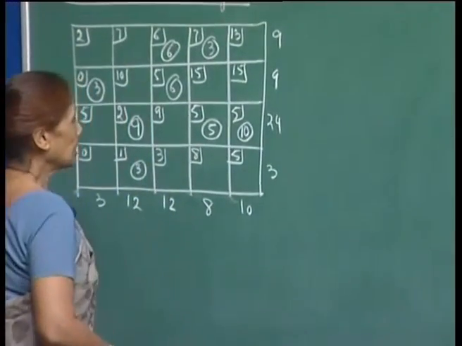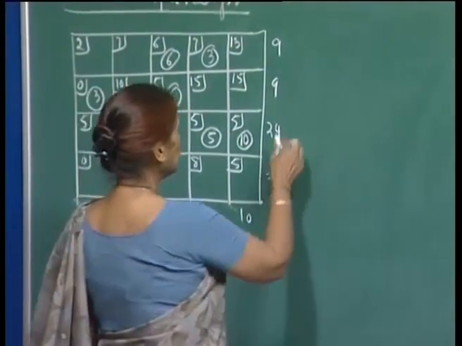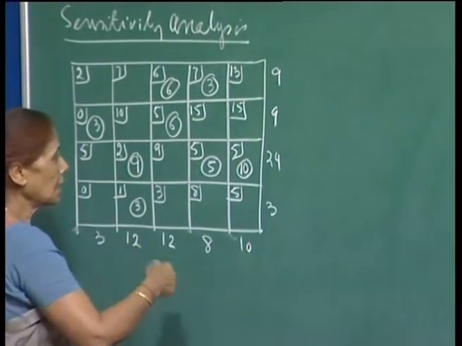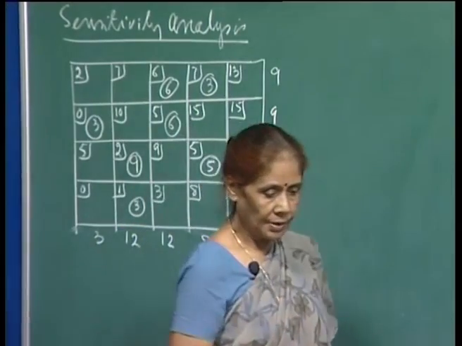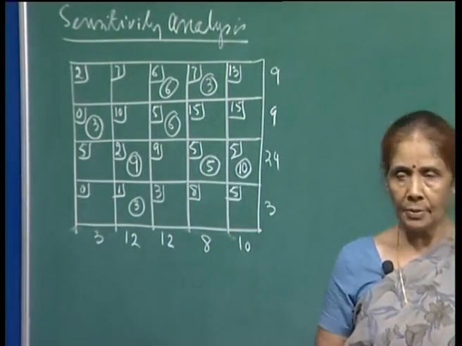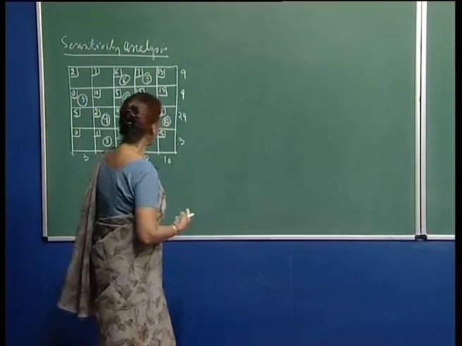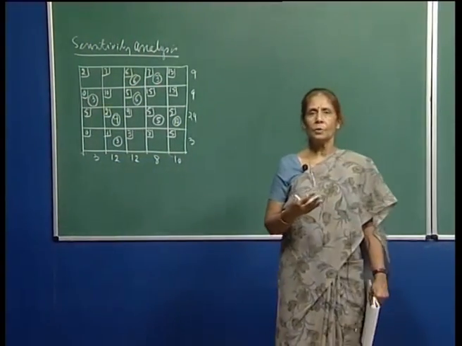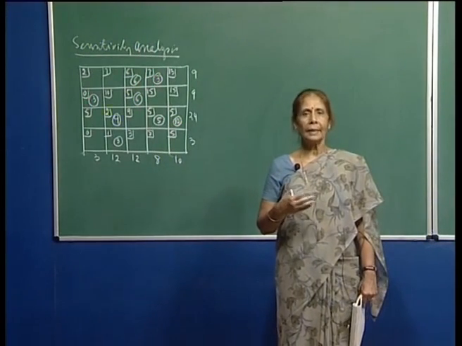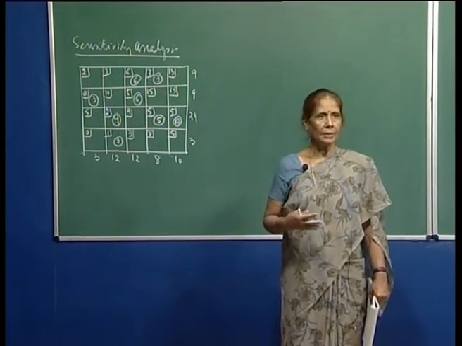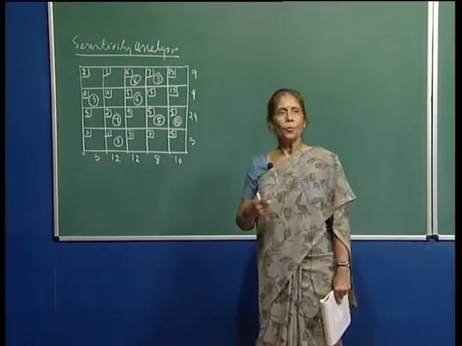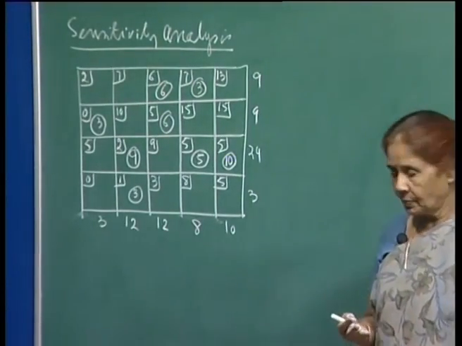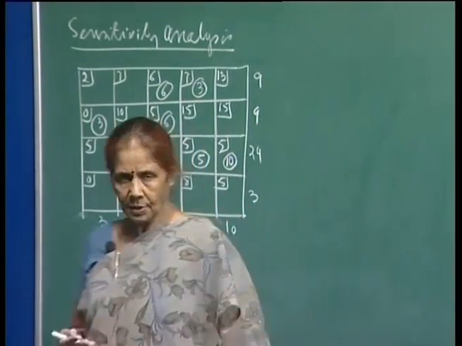The idea here is, suppose I change one of these S_i's or the d_j's, the same question that we posed for the linear programming problem in general: can I find out whether the current solution is optimal for the changes that I have made in the S_i or d_j, one at a time, or can I get a new basic feasible solution which is optimal? This is the whole idea.